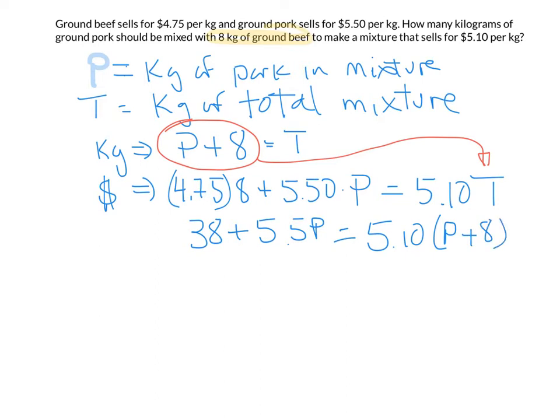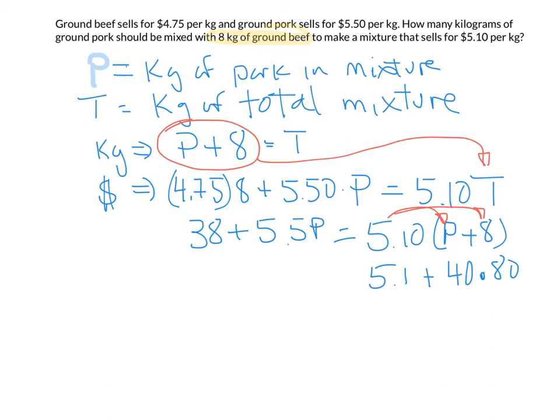Of course, now we need to use the distributive property, and that's going to give us 5.1p plus, and if we distribute also here, we're going to distribute to the p and we're going to distribute to the 8. So if we do that, 5.1 times 8 is going to give us 40.8, so $40.80 is going to be that value.